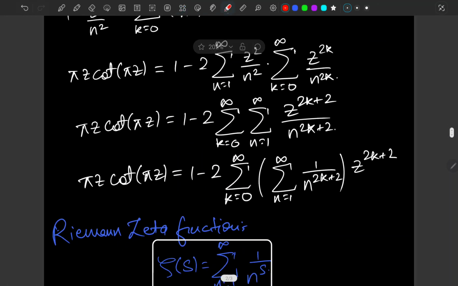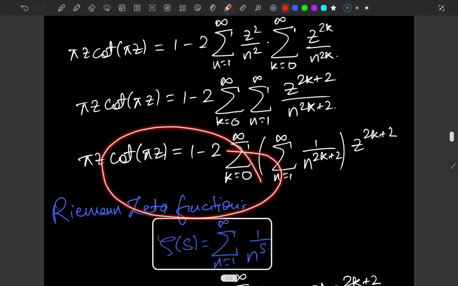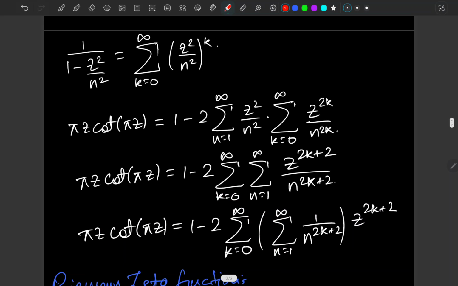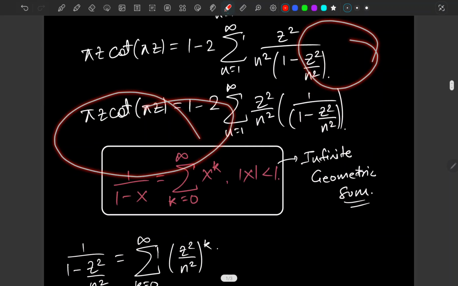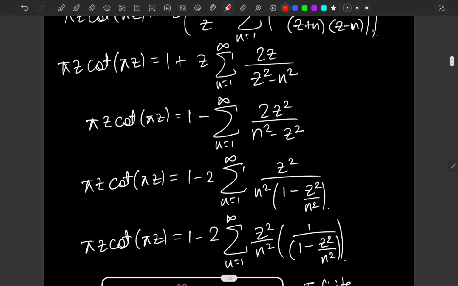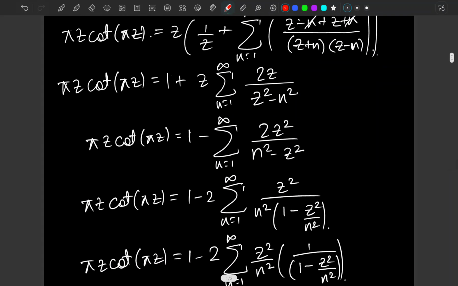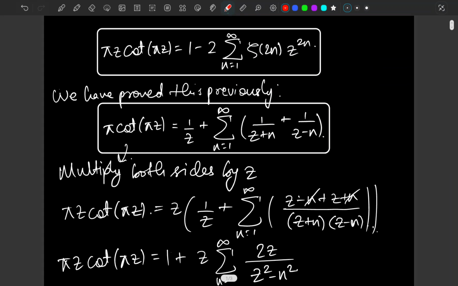We know about the definition of the Riemann zeta function here, and we made use of the infinite geometric sum, and that is why we reached the Riemann zeta function in an unexpected result, like out of nowhere, I would say. Like reaching from here to this, isn't it quite weird?